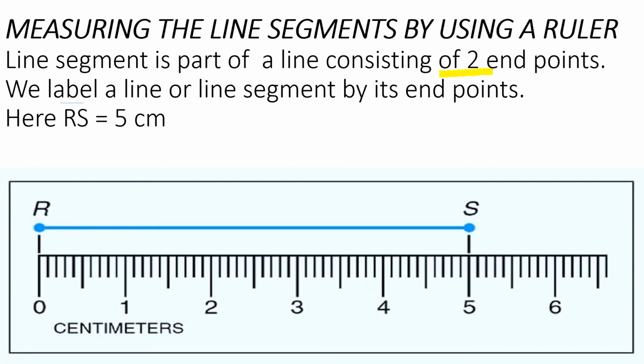I used a ruler to measure it. The first endpoint should coincide with the 0 on the scale. Then the other endpoint coincides with the 5 on the scale. So, it is a 5 centimeter line segment.